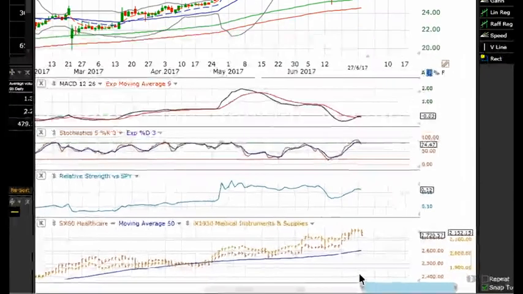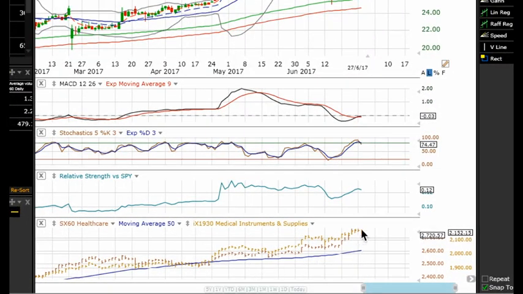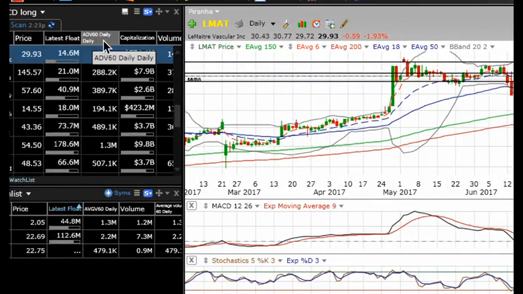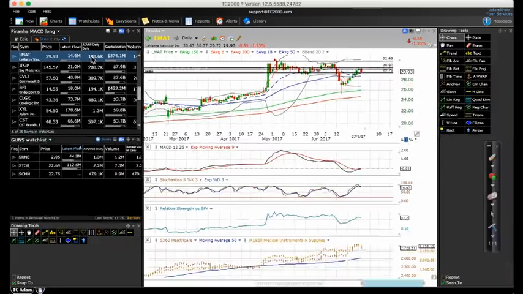So you can see that the moving average helps you to see that the sector and industry are above the moving average and it's sloping up. So it's on a clear uptrend. So LMAT is a high momentum stock. Now, if you look at the average volume for the last 60 days, it is 188,000. So that's above 150,000. That's great, right? So we want to see high volume. That's a good indicator as well. So LMAT is definitely a stock that I'll consider putting a trade in for today.